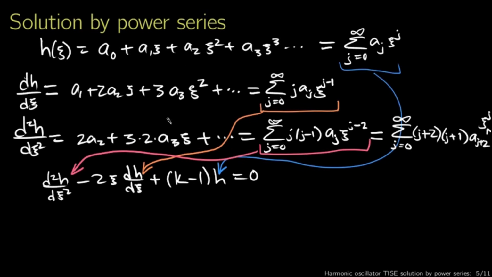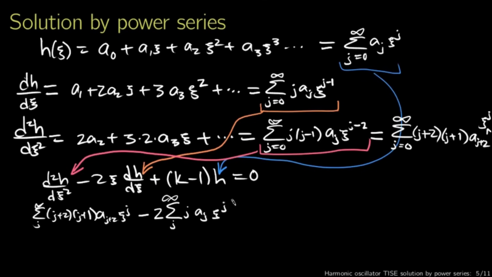So if I write out all these sums together, for the second derivative, I had a summation over j going up to infinity of j plus 2, j plus 1, a sub j plus 2, c to the j, minus 2, and I'll distribute the c into the sum for the first derivative now. 2 times the sum, again it's a sum over j going up to infinity, and the inside of the sum here was j, a sub j, c to the j, after I multiply through by c.